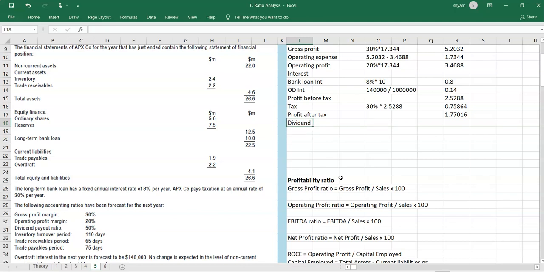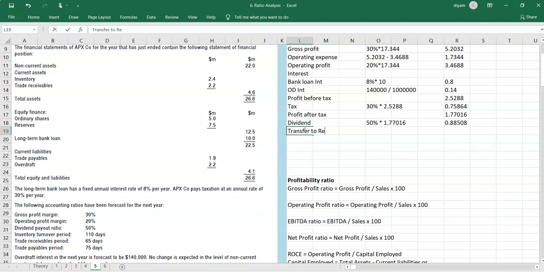He says the dividend is going to be 50% of 1.77016. So the dividend is 0.8508.